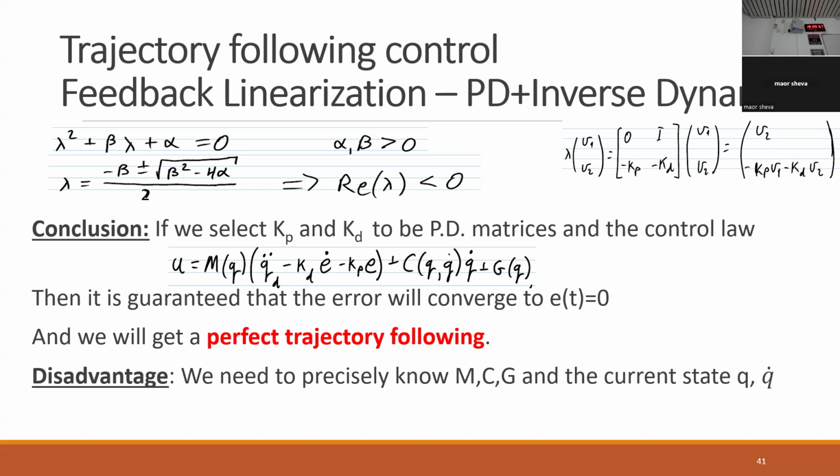And the whole proof here will not hold, because I will have something from the original dynamical system and I cannot cancel terms, and the proof is wrong and the whole system may diverge. So that's a major problem, a major disadvantage.